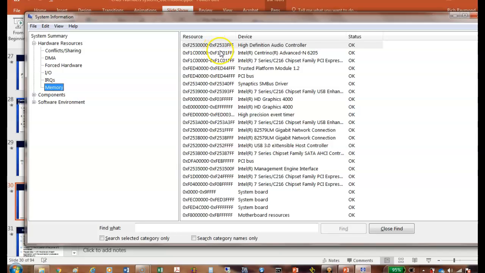That's 1, 2, 3, 4, 5, 6, 7, 8, right? Think about me writing that binary number out. So what the application is doing is it's displaying it in hexadecimal, right? So what is it? F2 5 3 3 F F F.